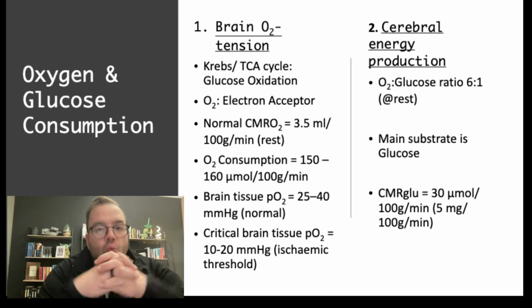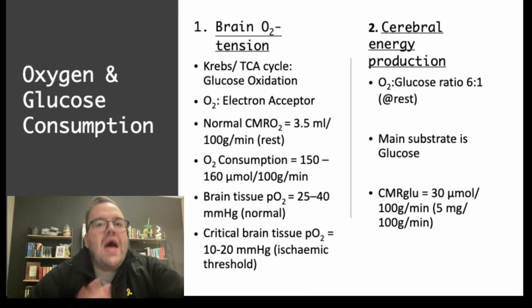When we look at cerebral energy production, the oxygen to glucose ratio at rest is 6:1, and the main substrate, as I said, is glucose, with the secondary substrate being ketones. Proteins and fatty acids are not metabolizable in the brain.